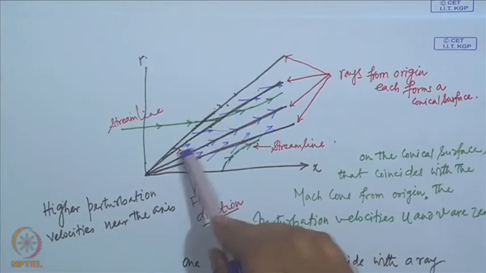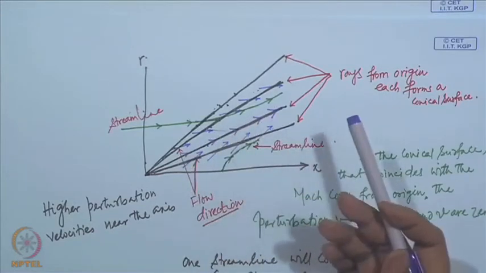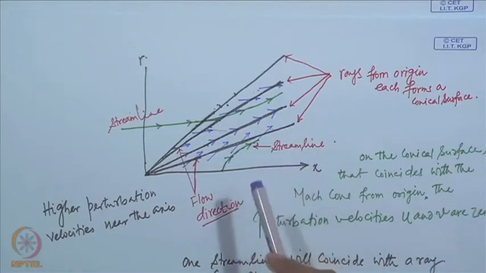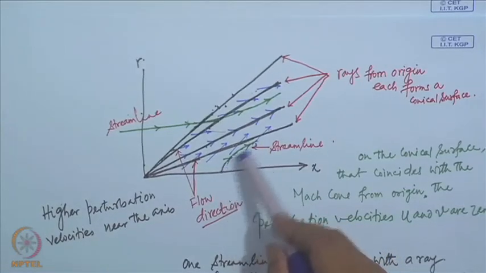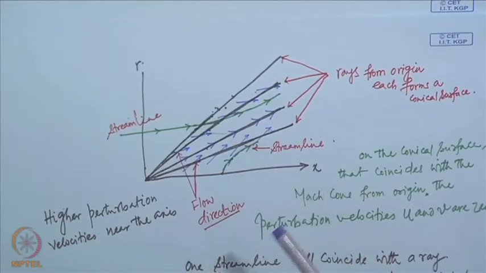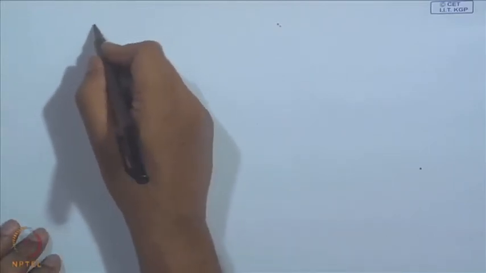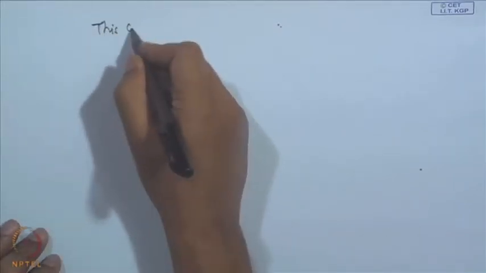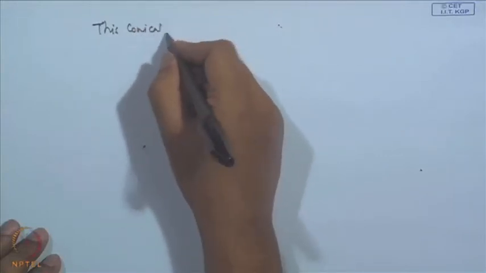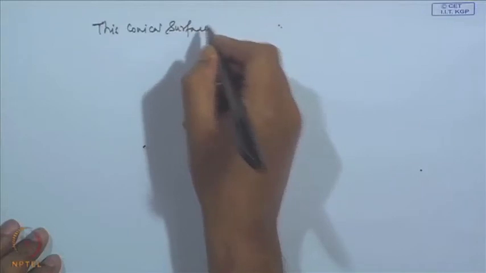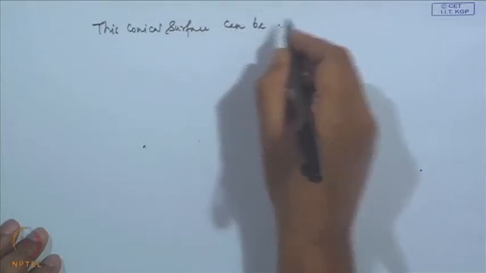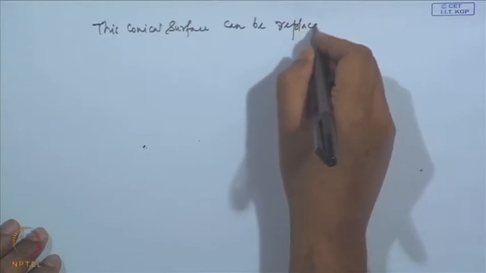Then the flow velocity on this solid cone becomes tangential, which is the required boundary condition, and the streamlines inside this cone are of no interest. So, this conical surface can be replaced by a cone.